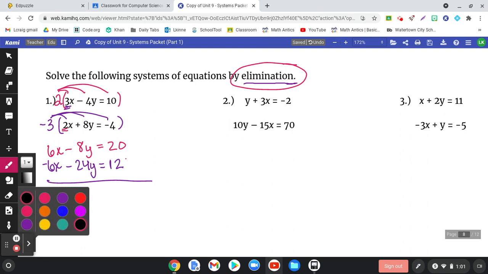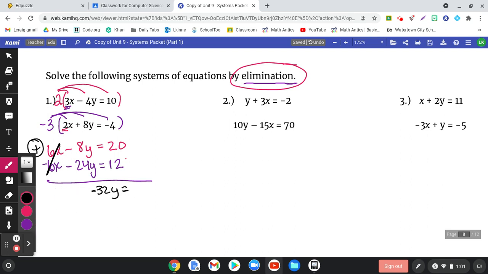So now all that's left is to add our two equations together and combine your like terms. So we have 6x plus -6x cancels. -8 plus -24. If you're not sure, you can use your calculator, but you get -32y. Okay, you can close anytime now.